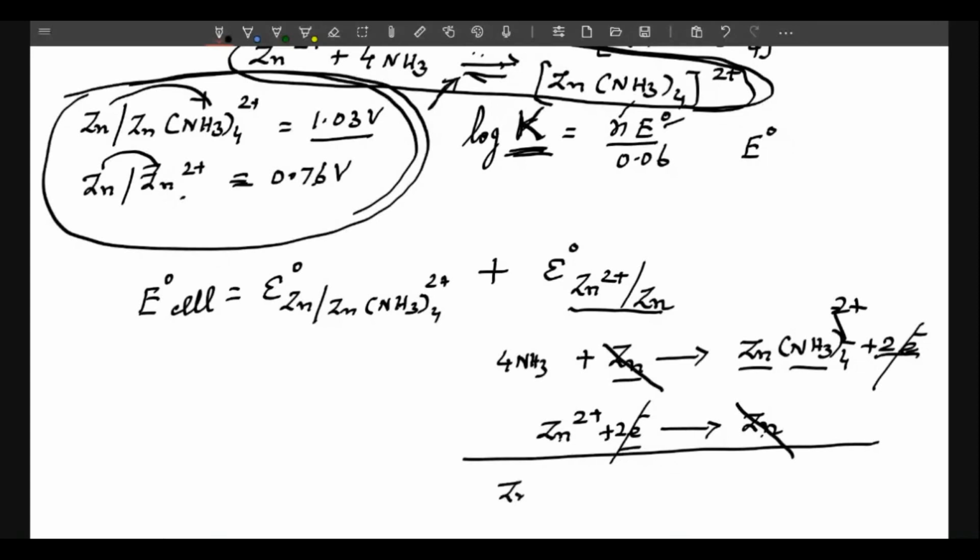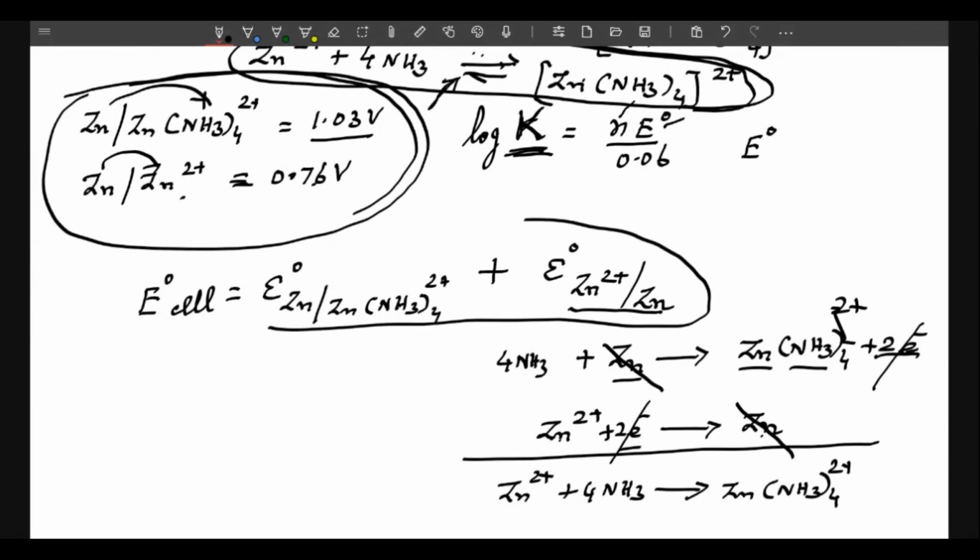Now you will be left with Zn 2+ plus 4 ammonia giving Zn(NH3)4 2+. This is the cell reaction given. Therefore, if you calculate using this electrode potential, that will be the E naught for this reaction.